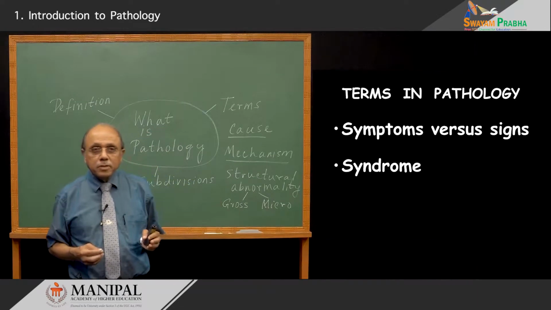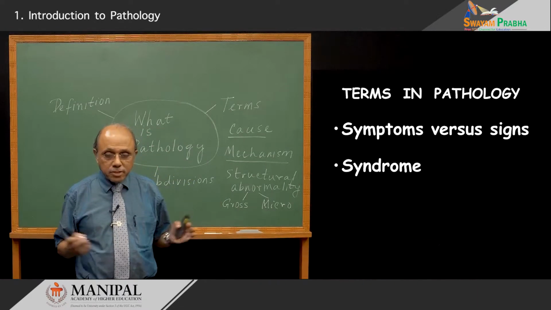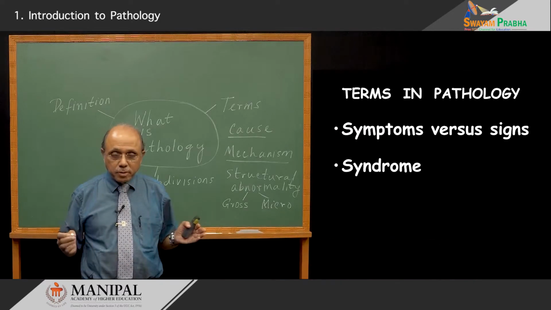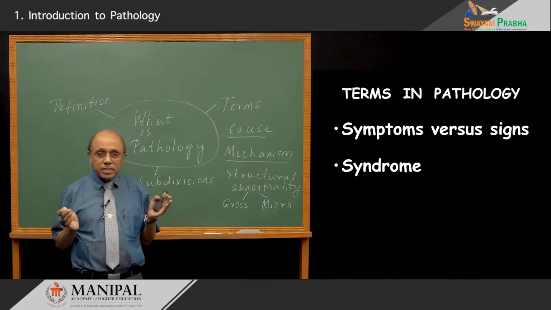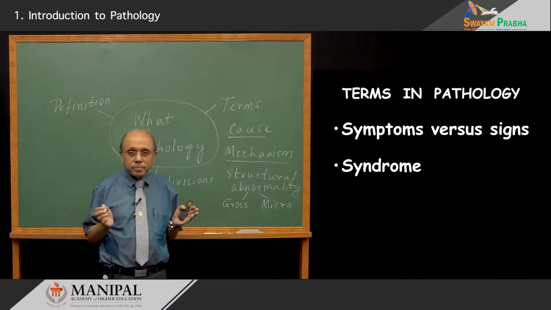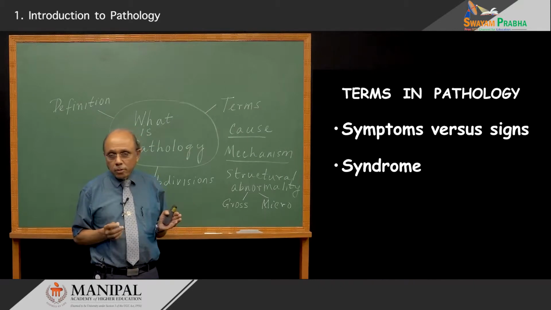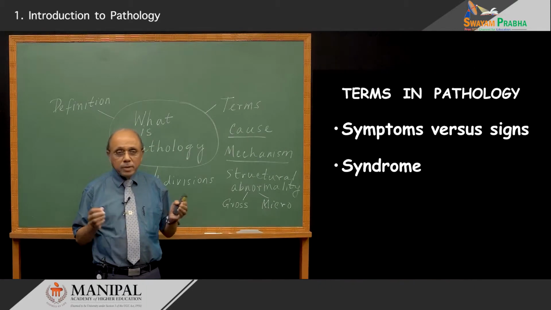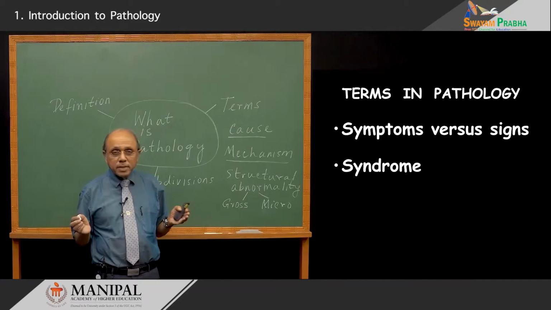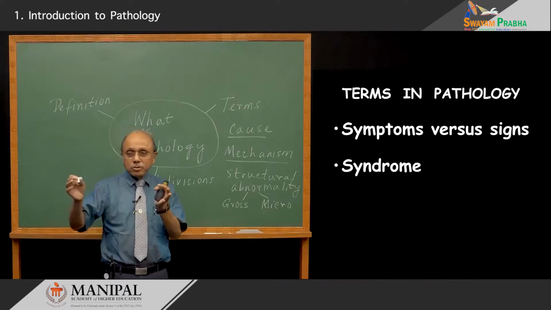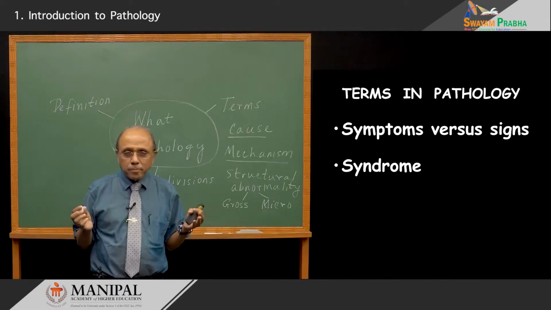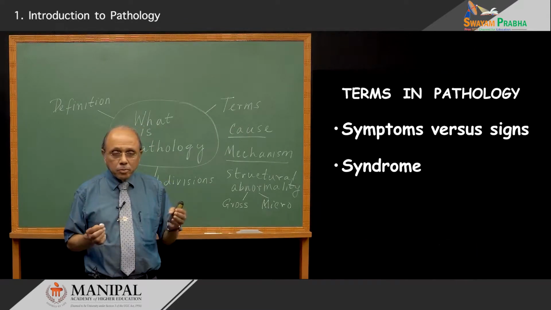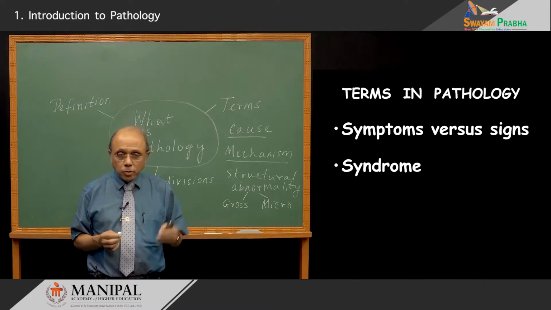The next term that you will encounter in medicine, not just in pathology, you are going to hear about this word syndrome. Syndrome is a collection of symptoms and signs. Cushing's syndrome. When you hear the word syndrome, it means there are certain signs and symptoms, together they constitute a disease. So, a large number of syndromes are well known and you will be using this over and over again.